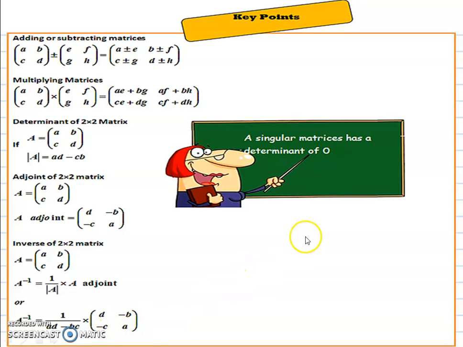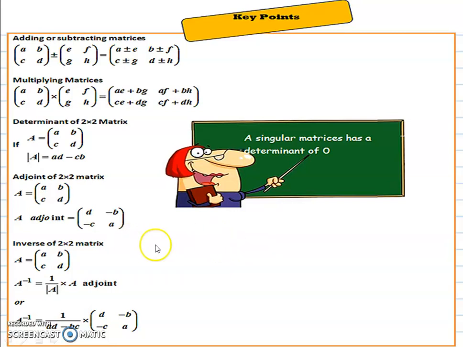Now in the matrix topic, obviously, singular matrix means what? The determinant of A is 0, and non-singular matrix means determinant of A not equal to 0. Always remember that if the determinant is 0, A inverse does not exist. Then we have to solve the equations simultaneously, that is 2 by 2.